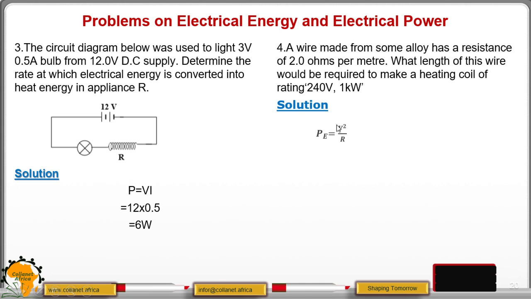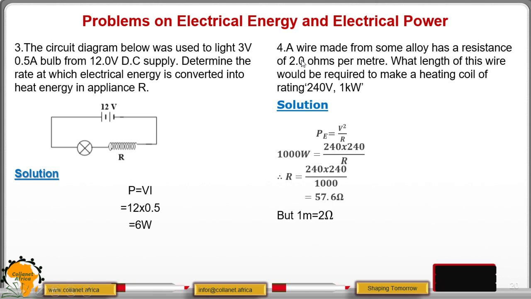And we know that power is equal to voltage squared over resistance. We have power as 1 kilowatt, which is 1000 watts. We have voltage as 240. So we can get the resistance by dividing 240 times 240 by 1000. And by so doing, you find that your resistance is 57.6 ohms.